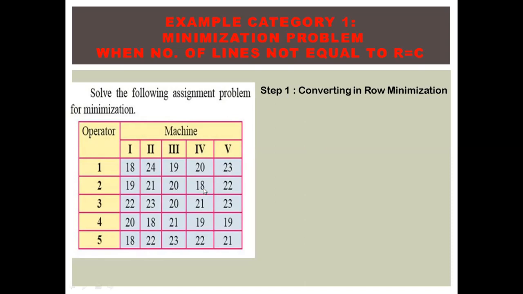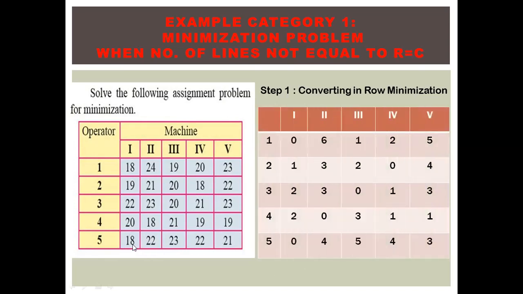Similarly, in the second row, you get another 80. In the third row, you have the minimum number to be 20. In the fourth row, you have the minimum number as 80. And in the fifth row, again, you have the minimum number to be as 80. So after subtracting, you will get a matrix like this.